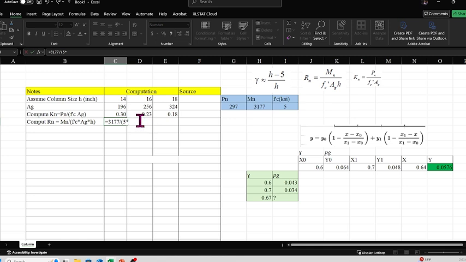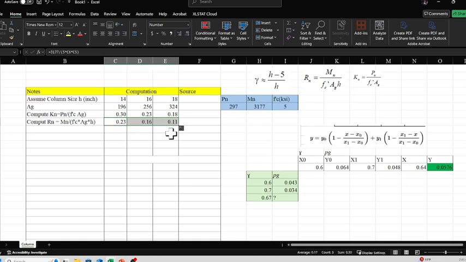I'm going to just write down Ag right here. And then multiply by h, which is 14. Enter. I get 0.23. So now I'm going to go ahead and drag this across. 0.16, 0.11. Okay, for the rest of them.